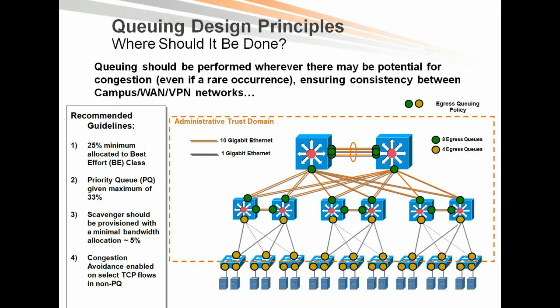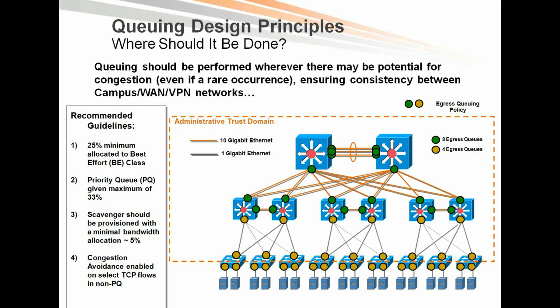If you specify 33% bandwidth to a priority queue, 1 in 3 packets going out the interface is going to be associated with that priority queue. If you go higher than that, you're essentially saying that more traffic is really priority than the other traffic. So if we go up to 60 or 70% priority and the priority queue is a strict priority, 60% of the time the scheduler on that platform is going to be spending on the priority queue.